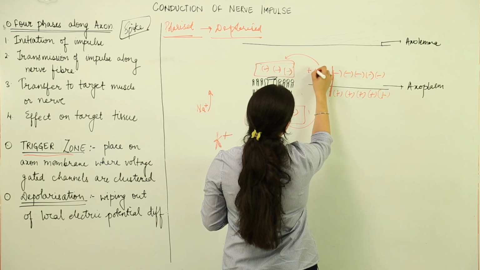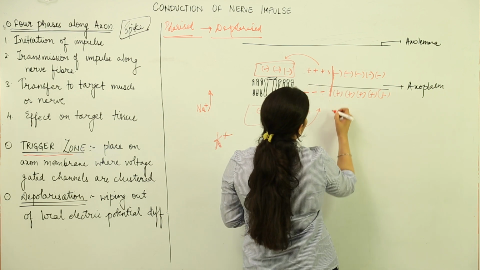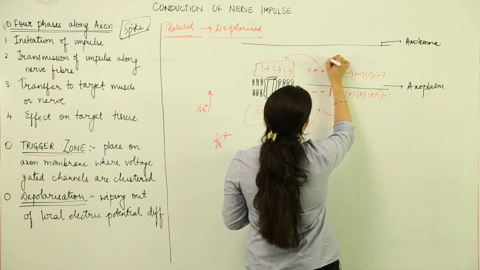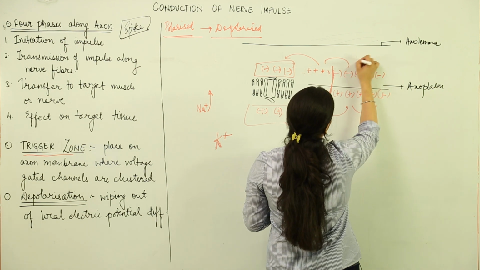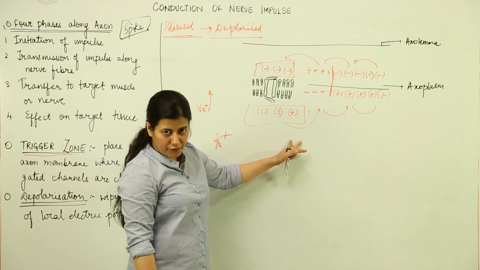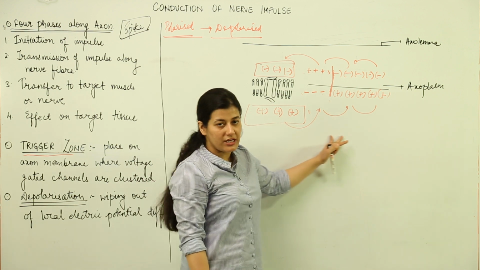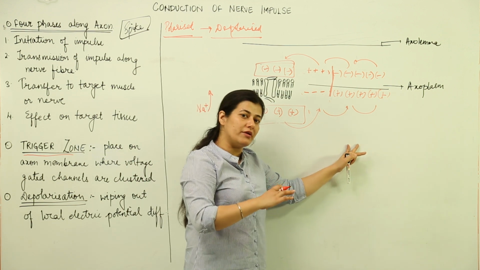Now these would become positive and the outer would become negative. So on, it would move further like this. You can see in a way the impulse is being conducted, the charge is getting moved further and further. The depolarization is taking place, and when the depolarization moves further, repolarization takes place.